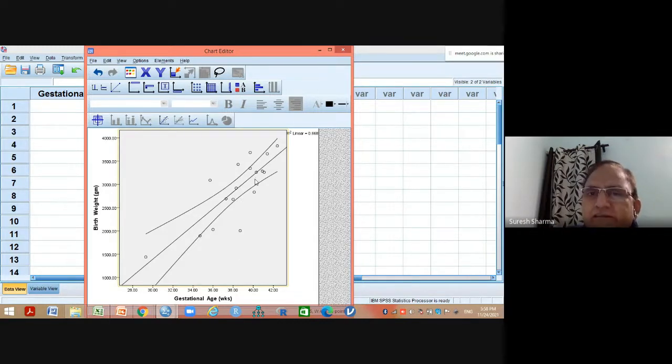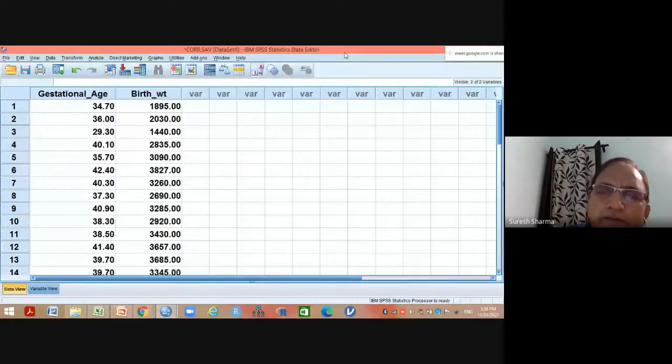This is what we mean by confidence interval. So this is called the confidence band. That means you are 95% sure that your estimated regression line will move within this band, 95% of the times out of 100. Is this clear?